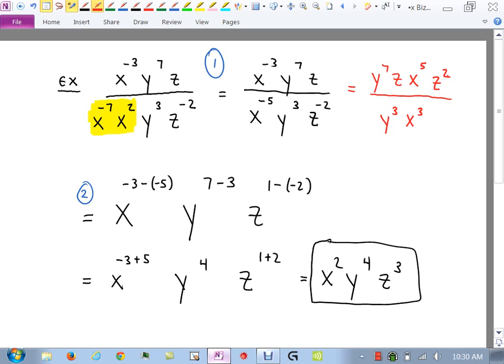Y'all see what I did? Everywhere I had a negative exponent, I dropped it down. If it was already on the bottom, I brought it up. Now what could you do here? How about z and z squared together? That would become z cubed, which is this. What about y to the 7th over y cubed? Subtract, 7 minus 3 is 4.